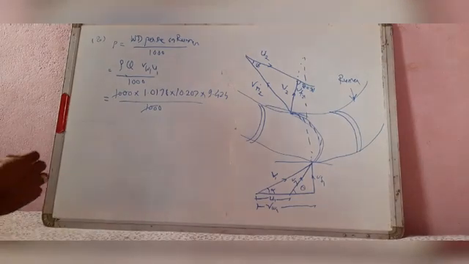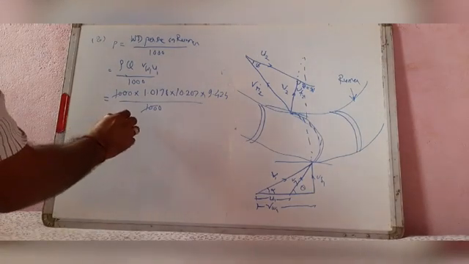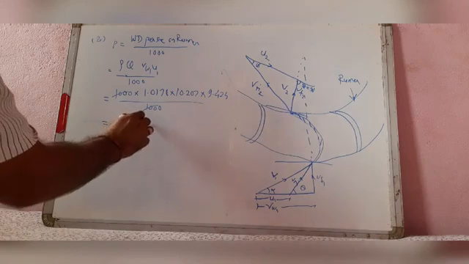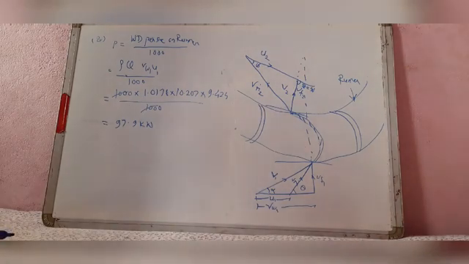Cancelling the 1000, this comes to 97.9, and this is in kilowatt because it is divided by 1000.